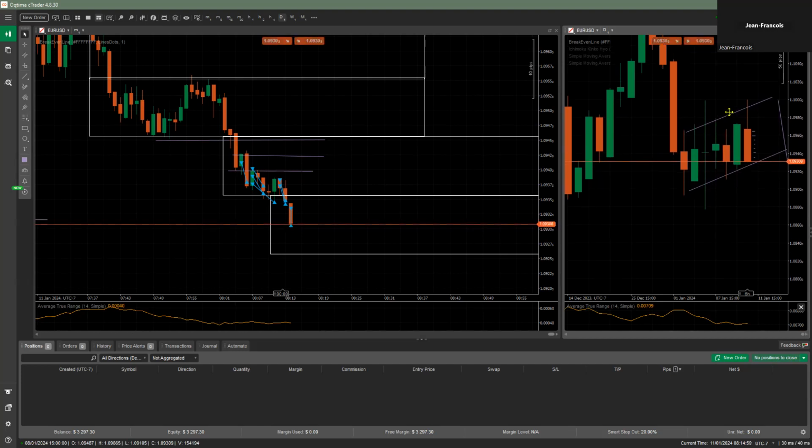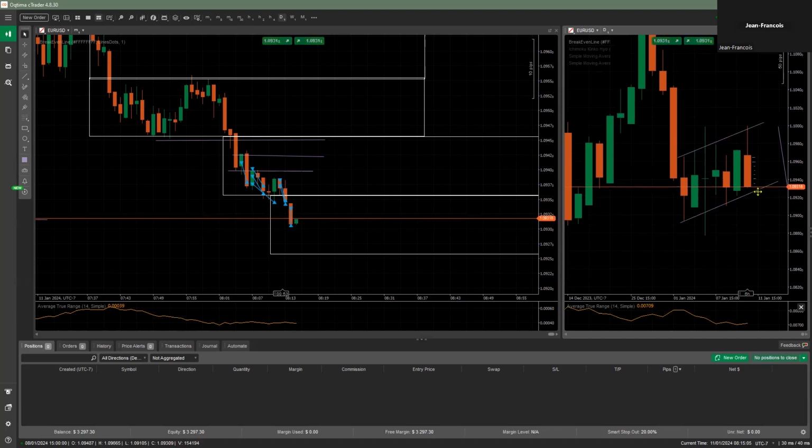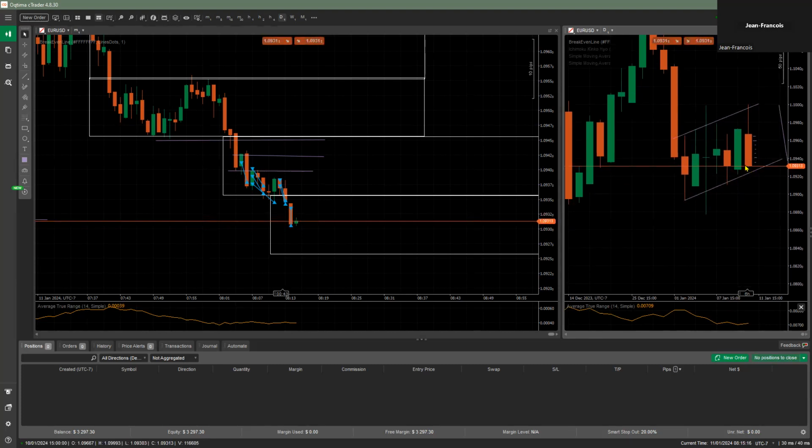These lines here are just what my mind's eye perceives to be a channel, right? So it's just connecting wicks and connecting the wicks, and I can see a definite range here. And so I'm just looking to see if we can break the range, right?